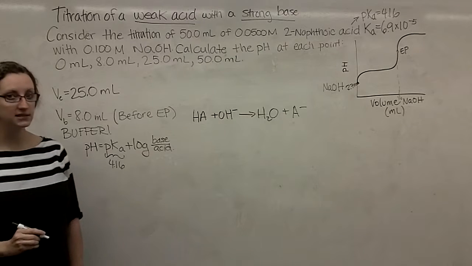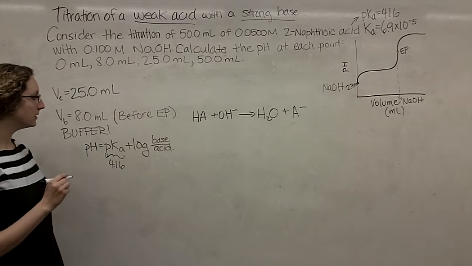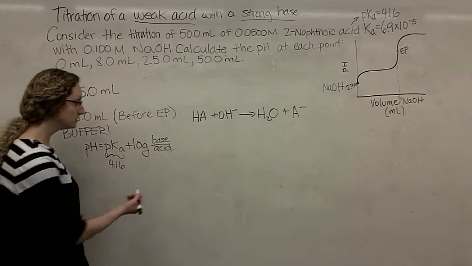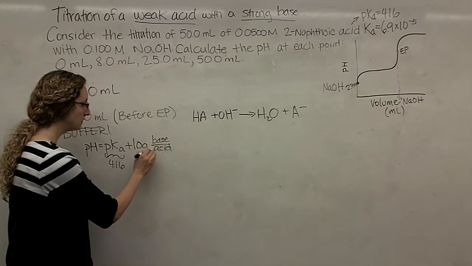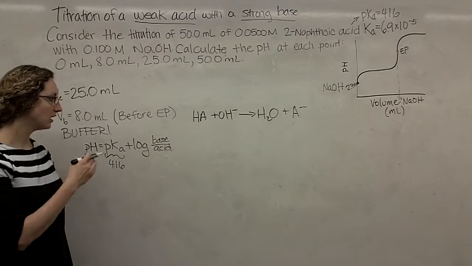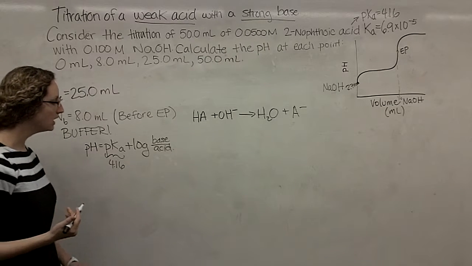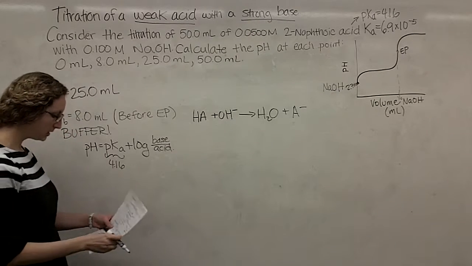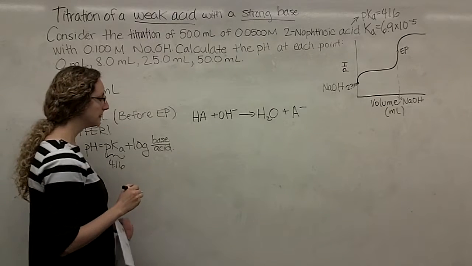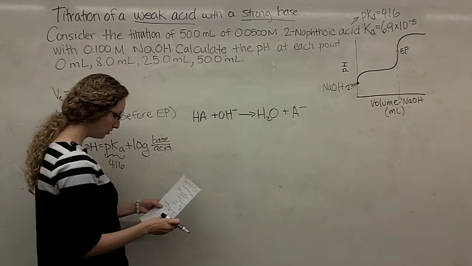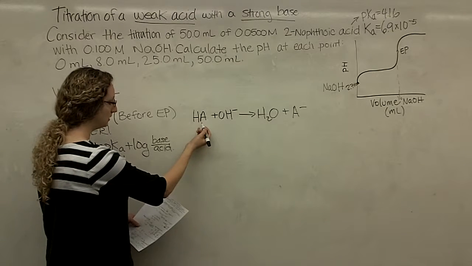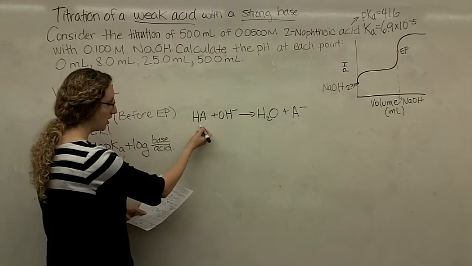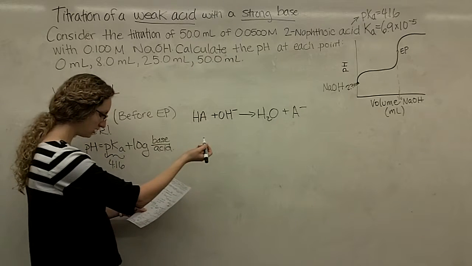There's a couple ways this can be done, and the easiest way is to find approximately how much base there is to acid. We know that the relative initial amount is approximately 100% of HA to start with.